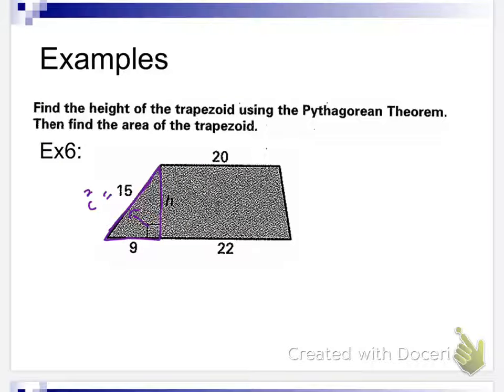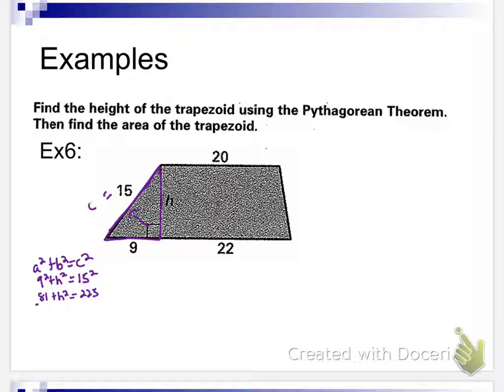So to find h, we have a squared plus b squared equals c squared. Well, we know c squared is going to be 15 squared. I'm going to let a be 9. I'm going to let b be h. I know that 9 squared is 81 plus h squared equals 15 squared, should be 225 if my memory serves correctly.